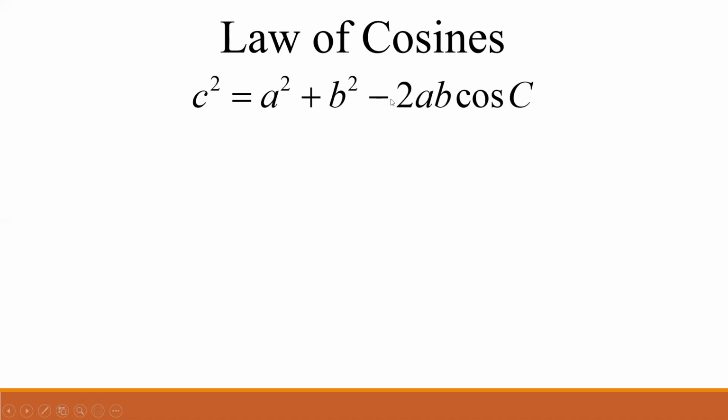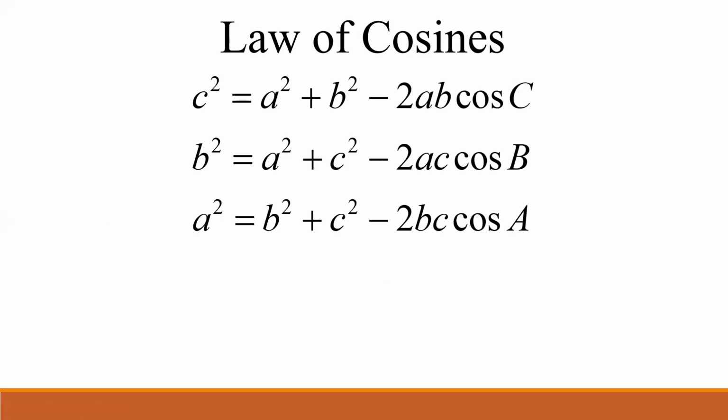So that whole term would cancel out. But if there's no right angle, it doesn't matter what that opposite side is. So all three of these formulas here are the law of cosines. They're just rewritten with different opposite sides.